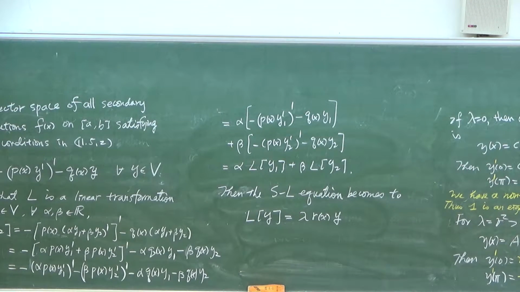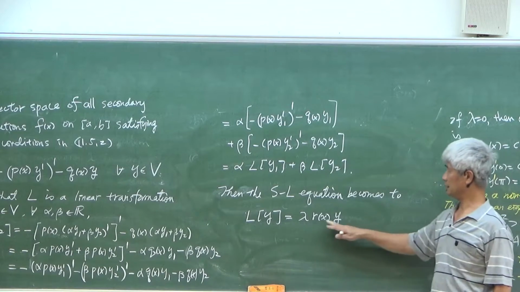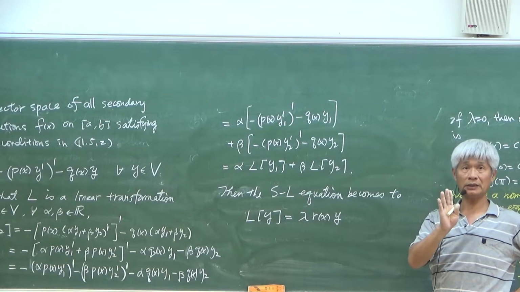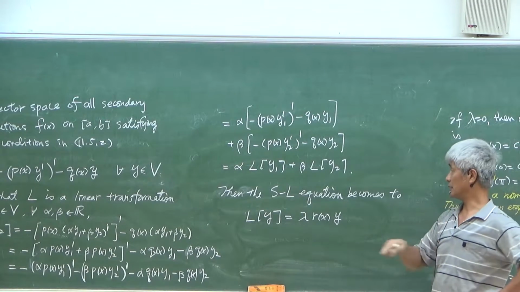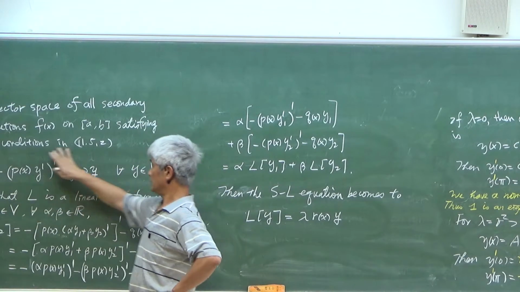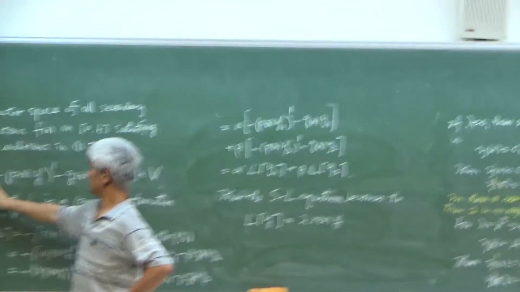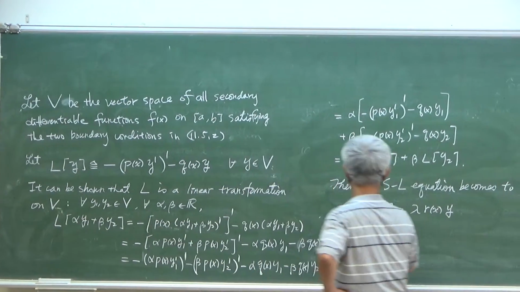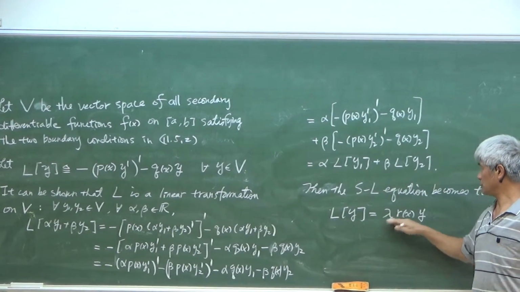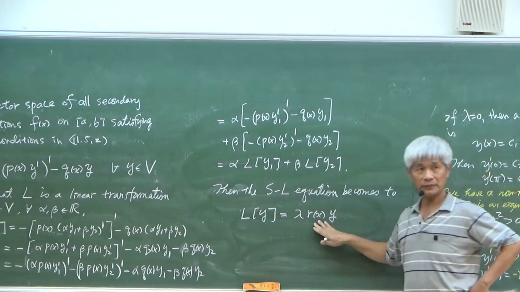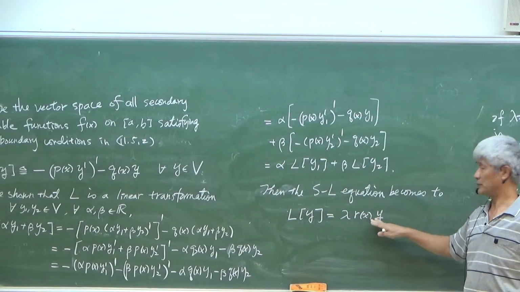We can look back to the original differential equation. You can see that, right? This result is defined to be an operator L on y, and the result should be equal to lambda times r of x times y.